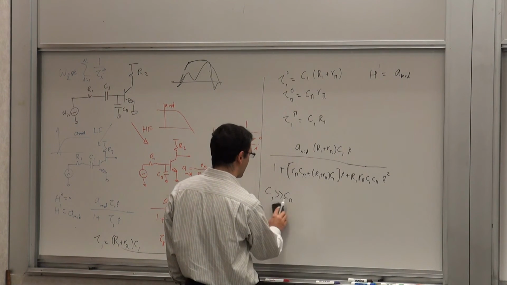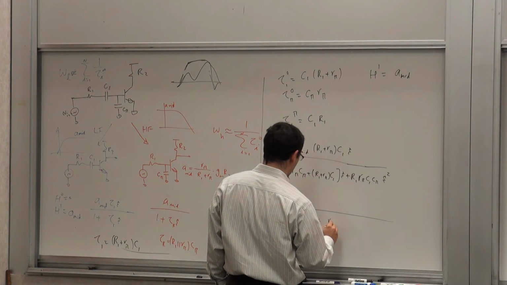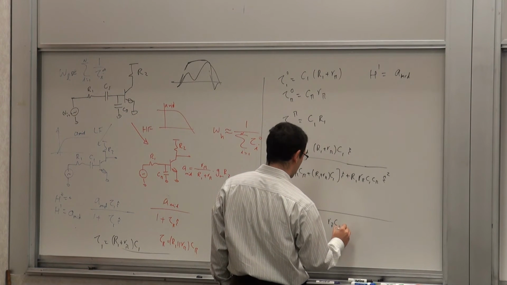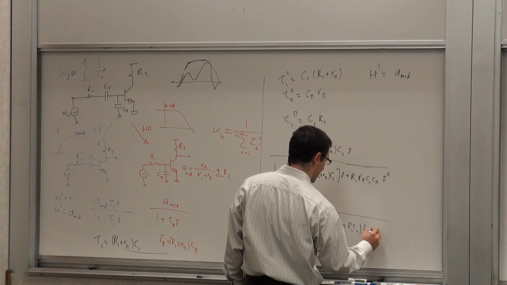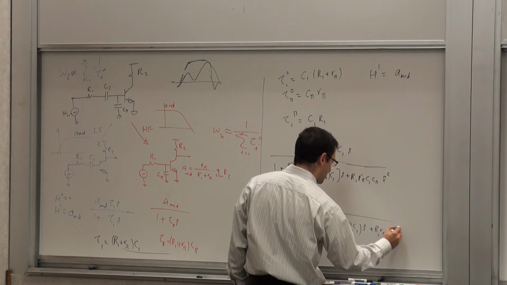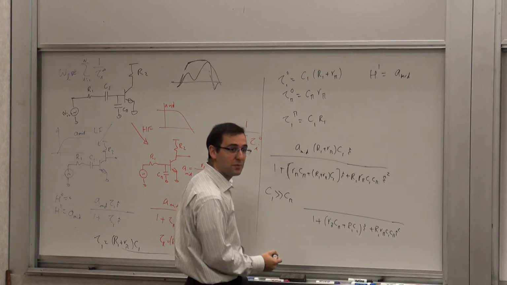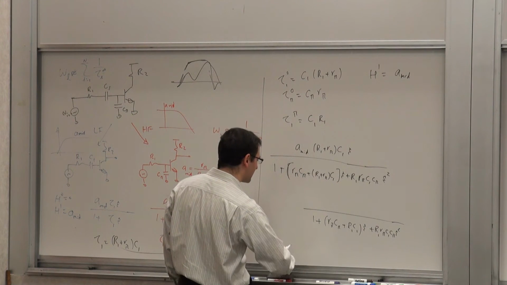No, not necessarily. So in that sense, actually we can write it then as R pi C pi plus R1 C1 S plus R1 R pi C1 C pi S squared. And then this can be factored. So a certain condition needs to hold. Actually, let's see what that condition is.